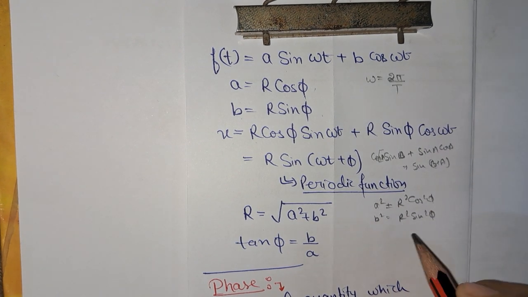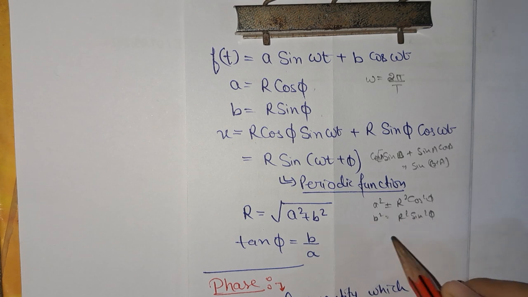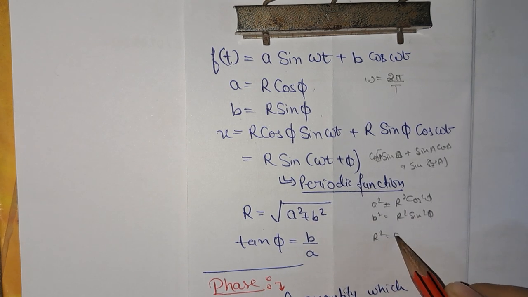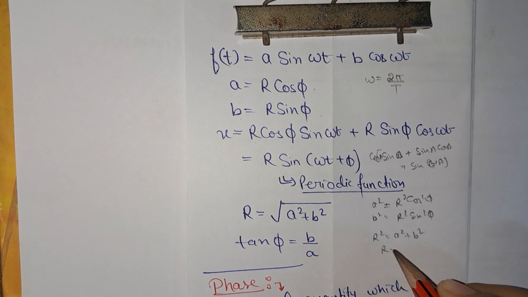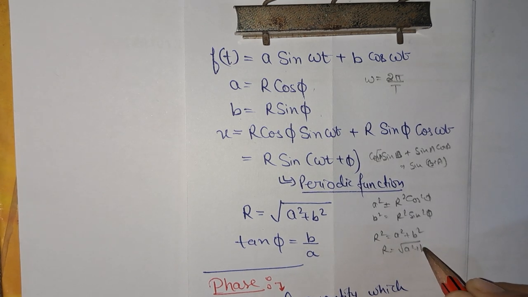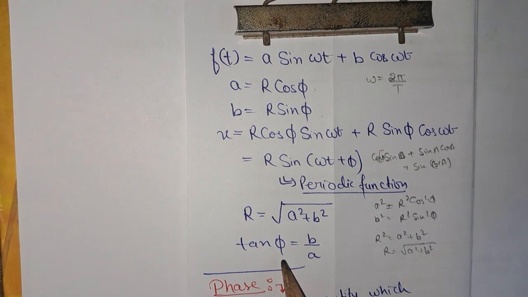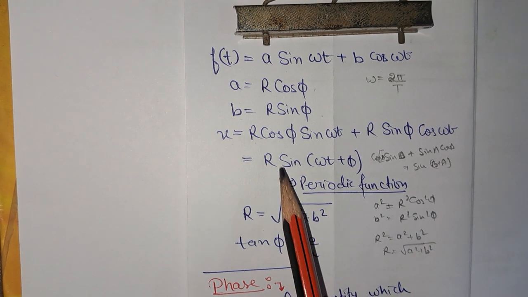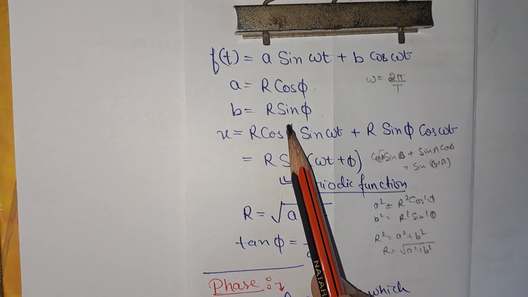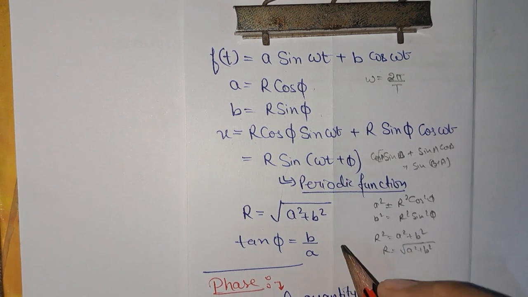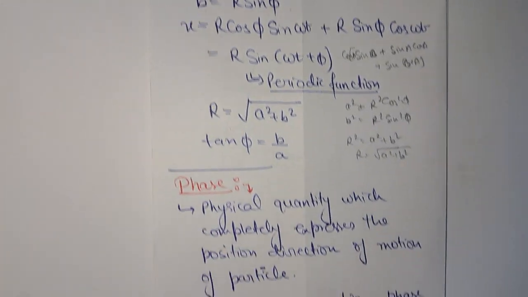Adding both of these, cos square phi plus sin square phi becomes 1. We get r square is equal to a square plus b square, or r is equal to the square root of a square plus b square. Also, by dividing b by a, r will be cancelled, so we get tan phi is equal to b by a.